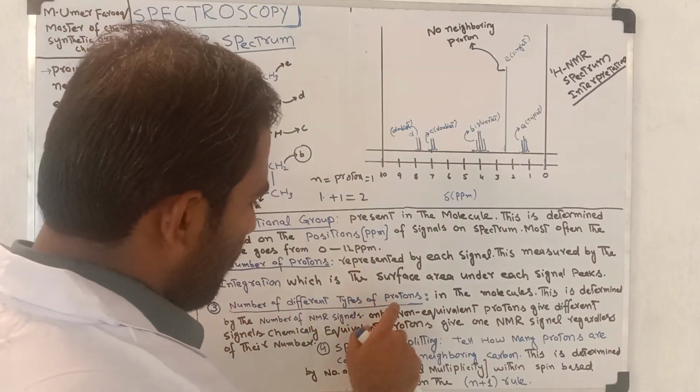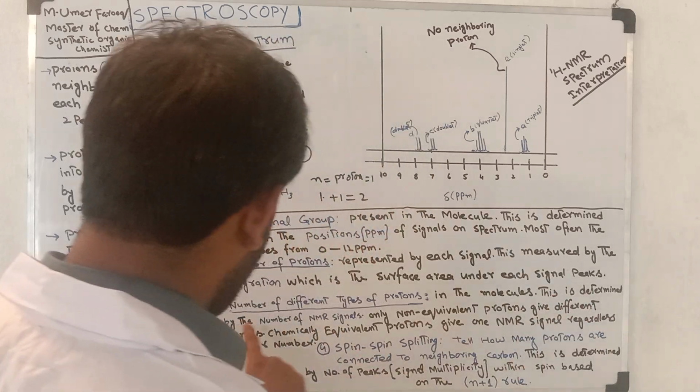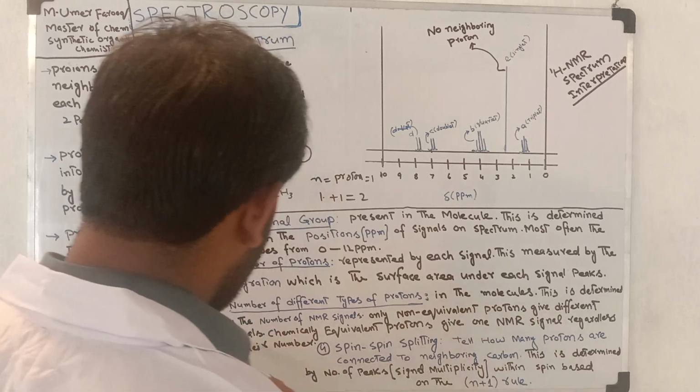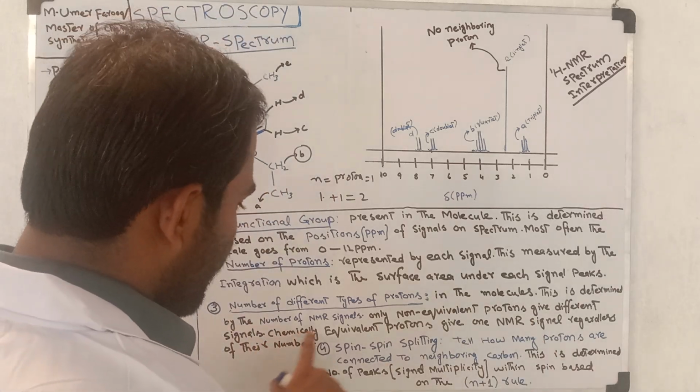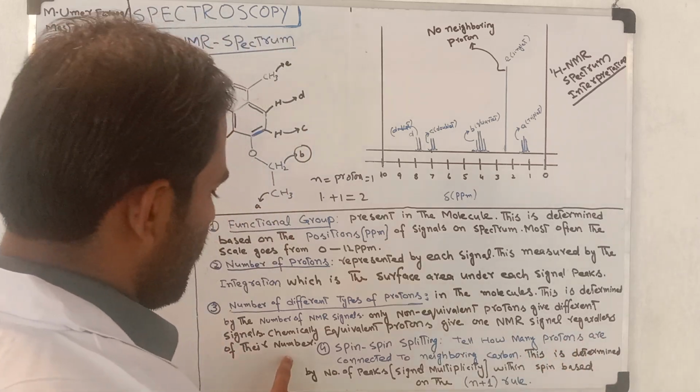The number of different types of protons in the molecule is determined by the number of NMR signals. Only non-equivalent protons give different signals. Chemically equivalent protons give one NMR signal regardless of their number.